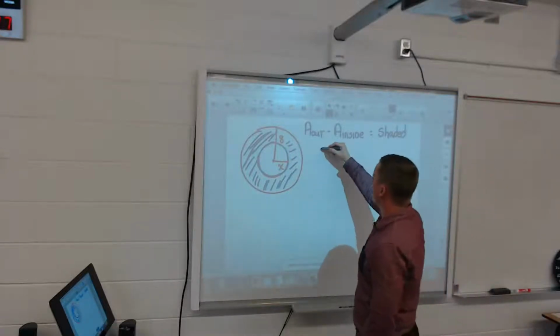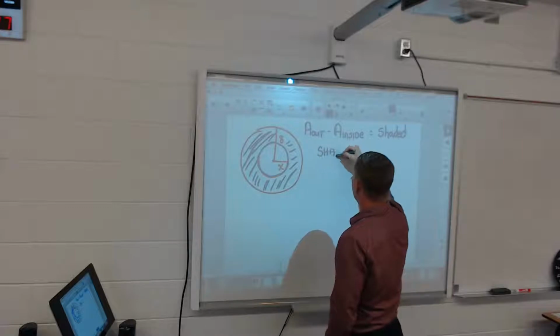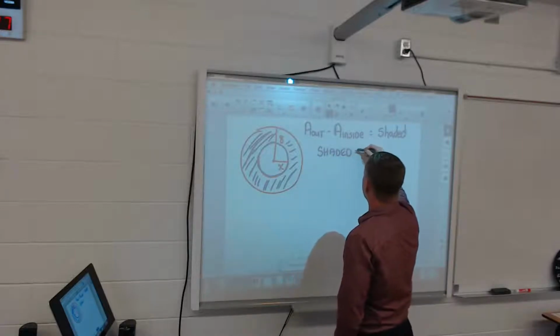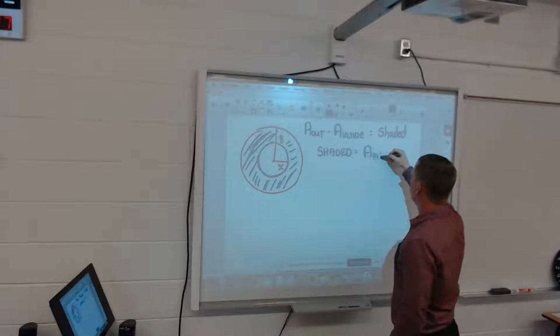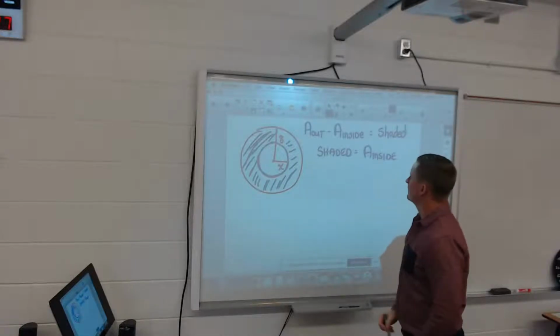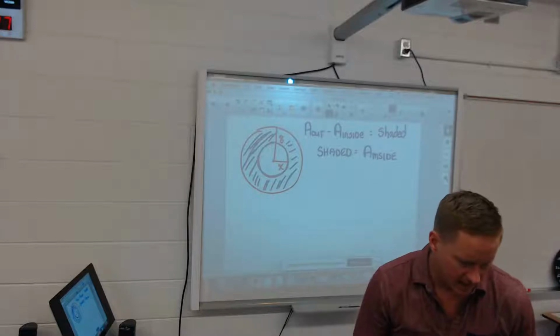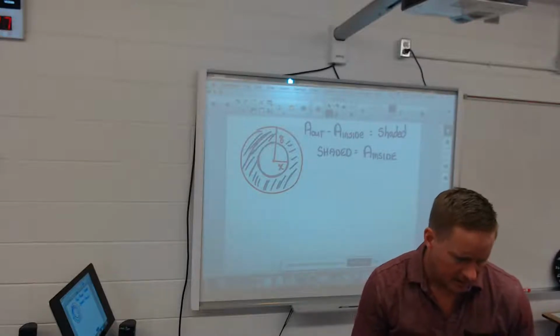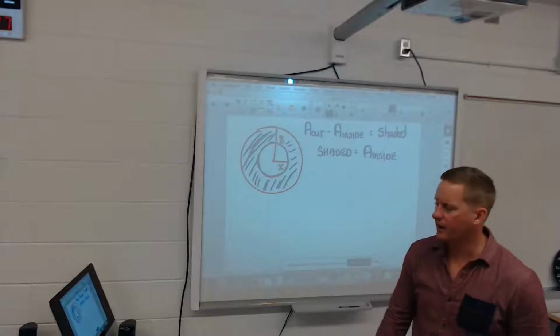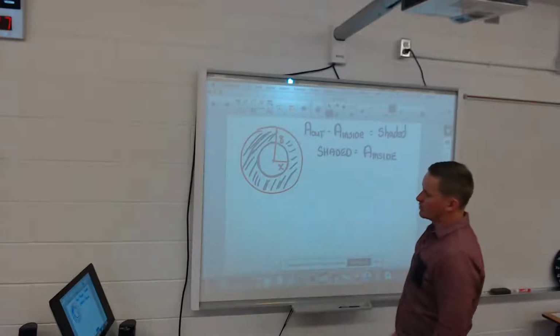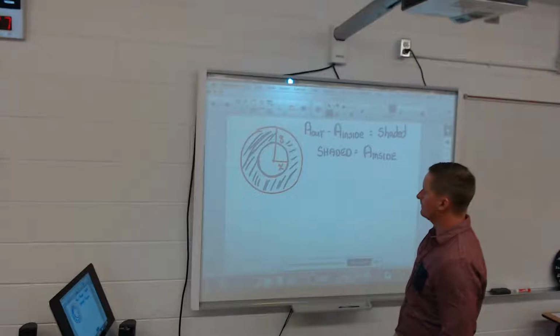And that shaded region, according to this question, has to be equal to the area of the inside, because it says that the company suggests that the area of the soil in the planter be about equal to the area of the rim. So my shaded has to equal my inside.